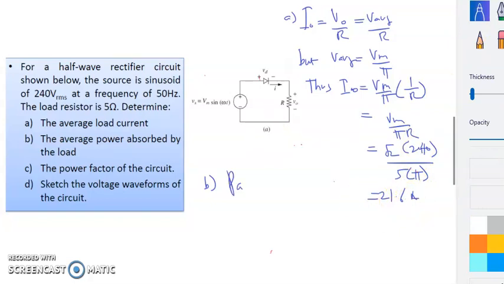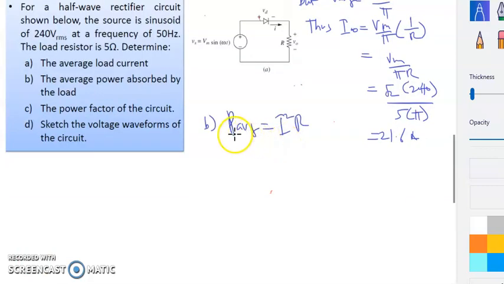Then D, we need to find the average power absorbed by the load. So how much is it? Okay, for average power absorbed by the load, P average is equal to I square R. So please remember this I is I RMS, and the RMS current times the load value resistance of the load.